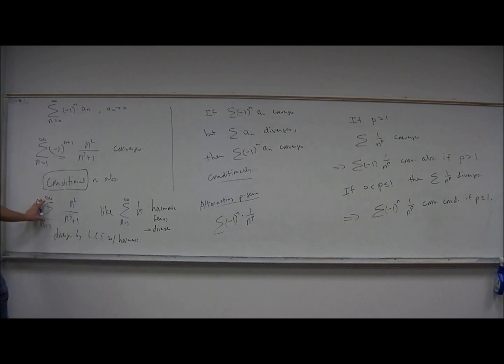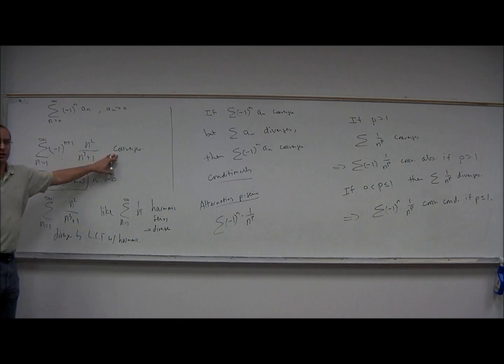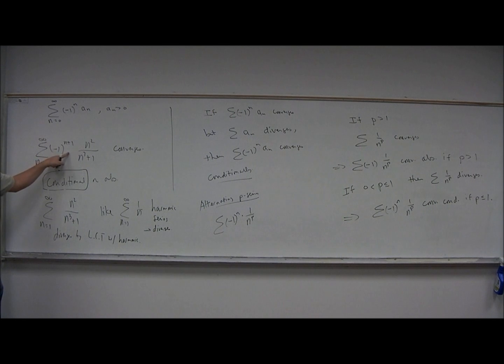So the conclusion is that this alternating series does converge, but it requires the alternating symbol for the convergence. If you were to remove the alternating symbol, the resulting series would diverge. So in that case, we say that this alternating series converges conditionally.